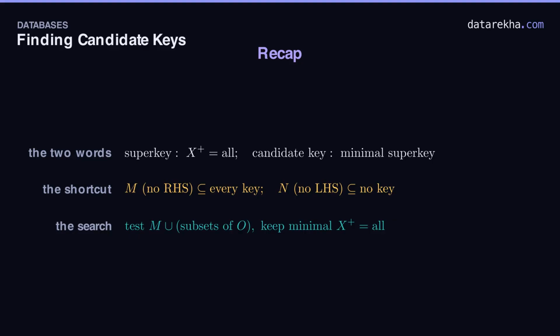Add pieces of the both sides group, and keep only the minimal sets whose closure is all attributes. Finally, mark each attribute prime if it's in some key, non-prime if it's in none, the exact language you'll carry straight into normalization. Master these 4 lines, and finding candidate keys turns from the trickiest topic in databases into something you do almost on autopilot.